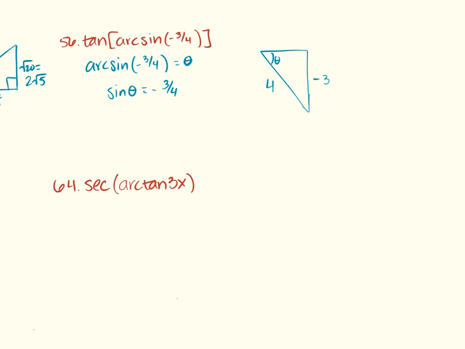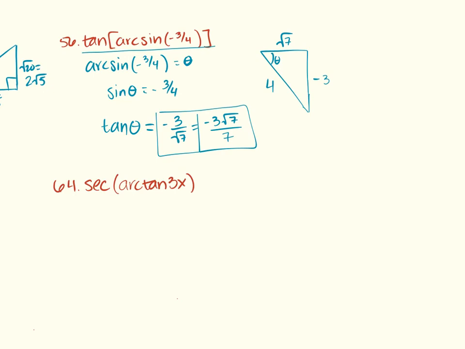So having this, we do Pythagoreans again, and we get square root of 7 for our x value on our triangle. So what we really want, though, is tangent of theta, because that's what that says right there, right? Tangent of arcsine of -3/4. So tangent of theta is actually going to be equal to -3 over root 7, and if you want to rationalize, that's -3 root 7 over 7.